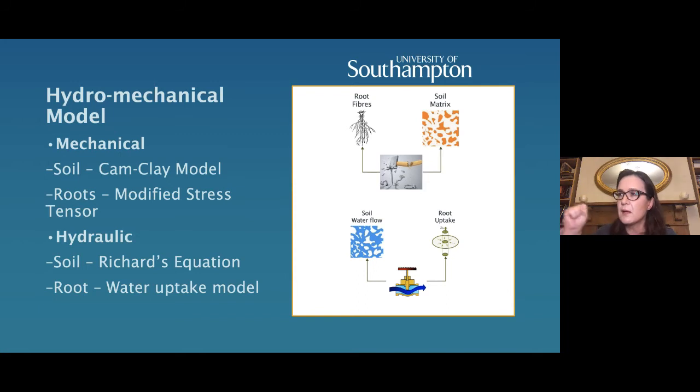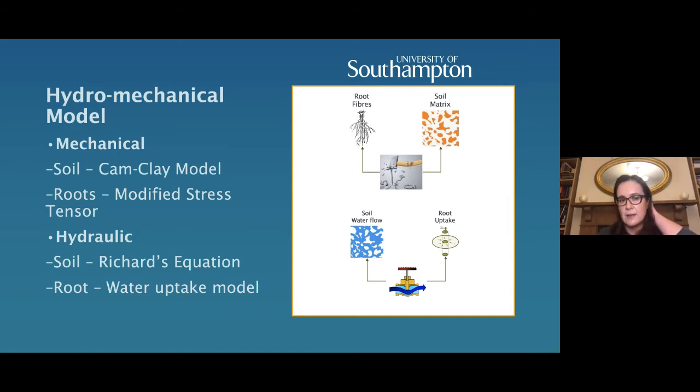So they maintain the pressure inside the root that is sucking the particles together, and it's the combination of the two that stabilizes the slopes.